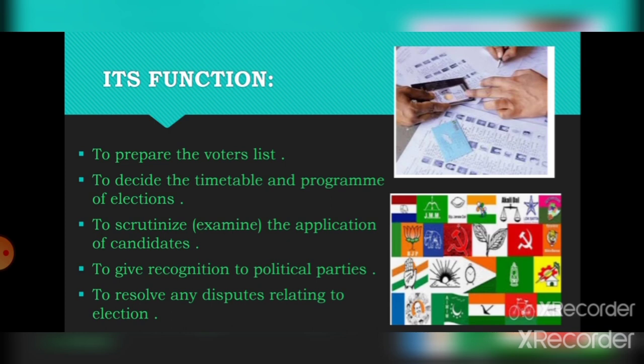If there is any problem related to election, there can be corruption, even sometimes riots happen, some illegal things take place. To solve these disputes is the function of the Election Commission of India.